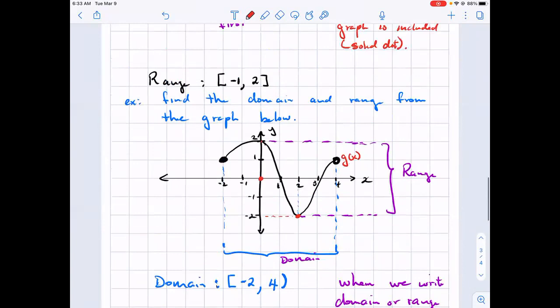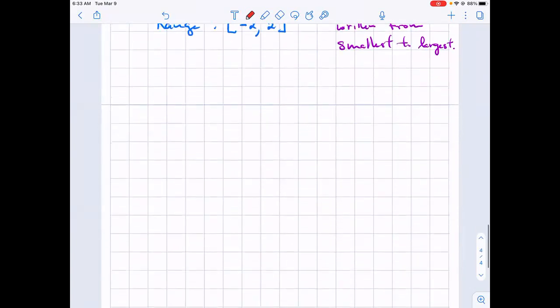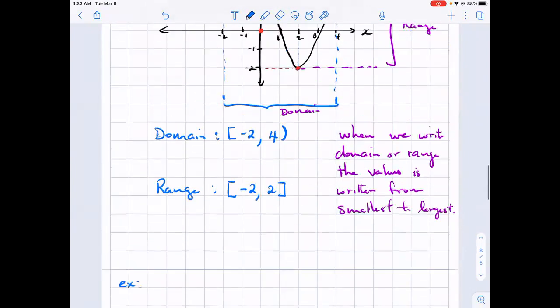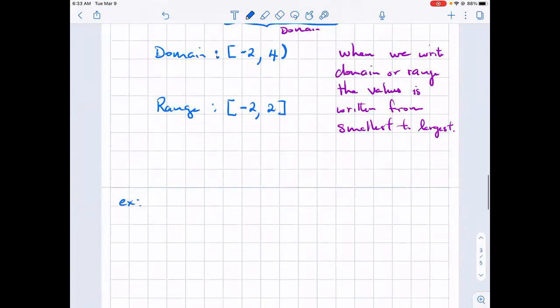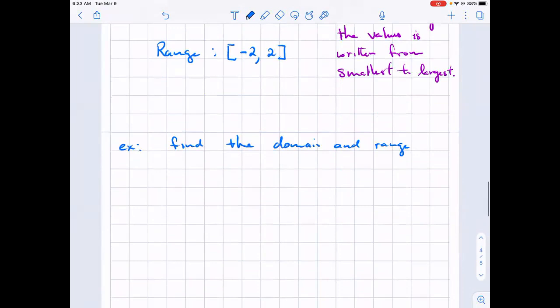Let's look at another example. Example: find the domain and range from the graph below.